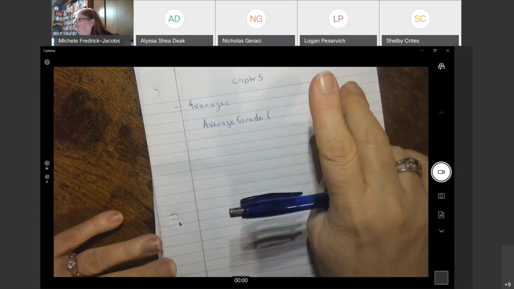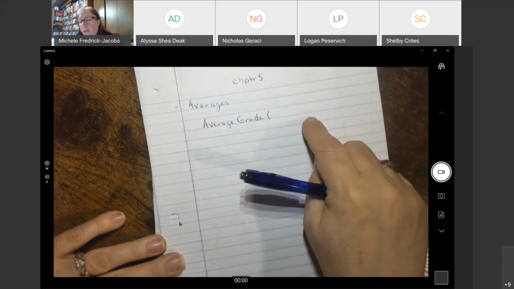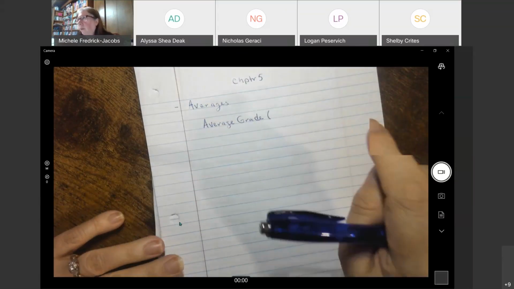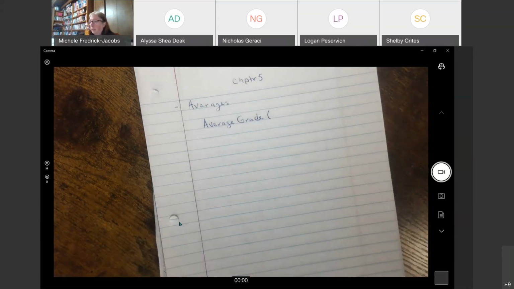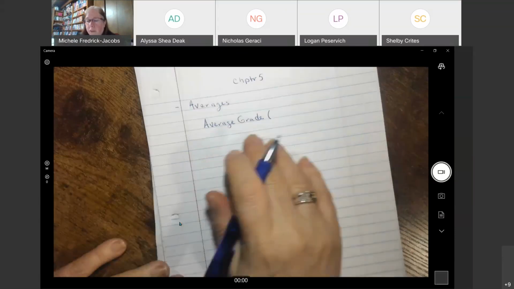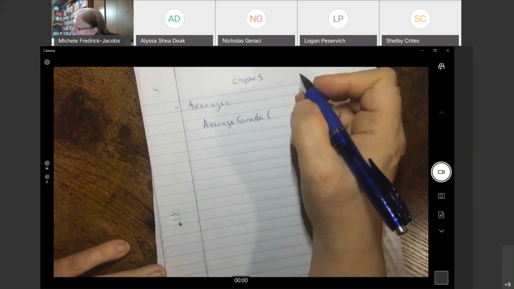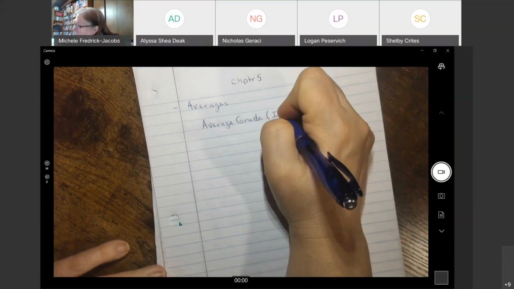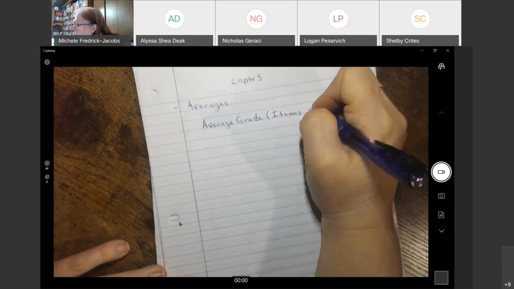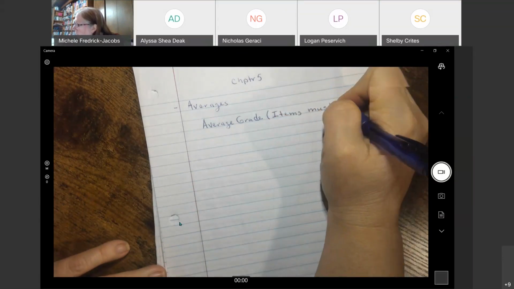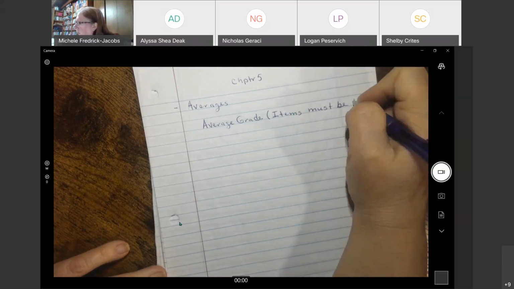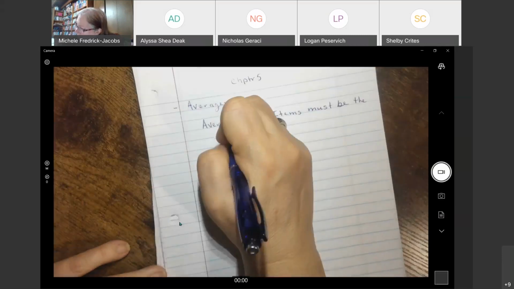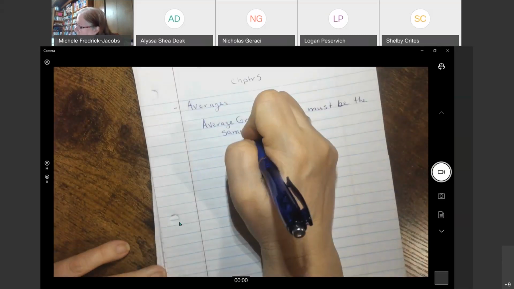there's two ways. One way, if you're finding the average grade and all the grades are the same value, like for your tests, if they're all 100 points each, then you can use this. So the items must be the same total possible point.